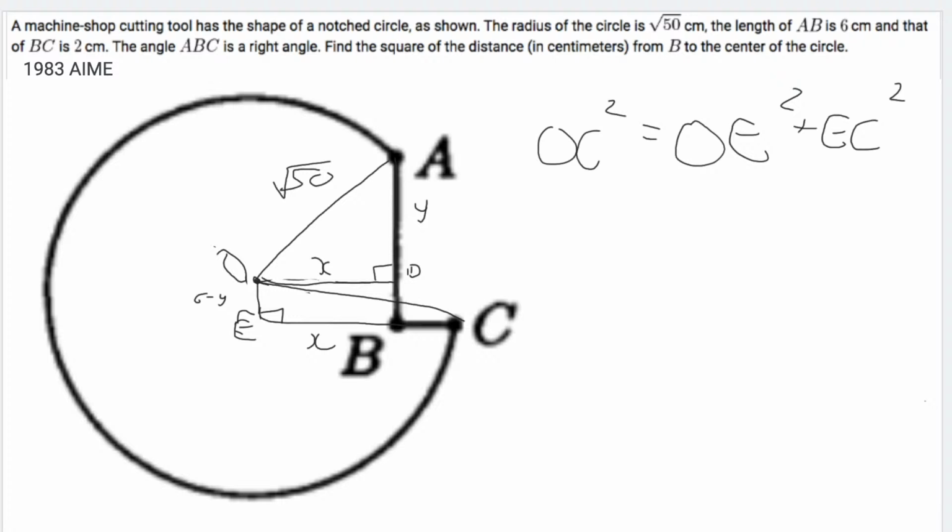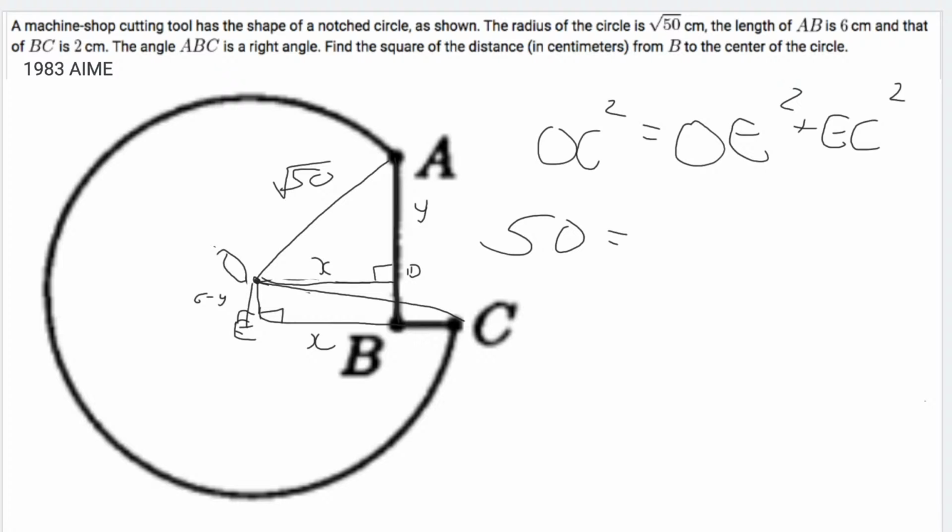Now what is OC squared? OC is just the radius because it's connecting the center to a point on the circumference. And the square of a square root is just the number without the square root. So 50 equals OE squared. This is 6 minus y as we calculated before, because BD equals OE since this is just a rectangle.